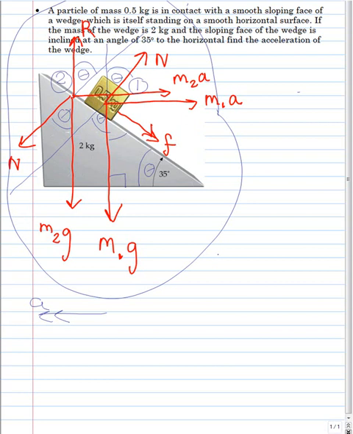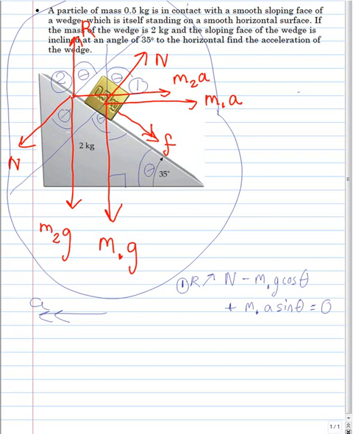So, resolving parallel to the normal force acting on 1, for system 1, we have N minus m1g cos theta plus the pseudo force m1a sin theta must equal the acceleration in the direction of the normal force. I've deliberately chosen that because F is at right angles to N, meaning the acceleration in that direction is 0.